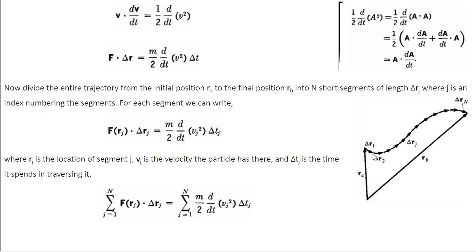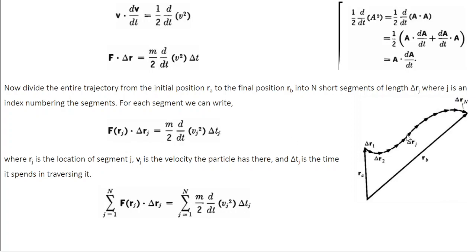Now what we are going to do is divide this trajectory into n small segments, each segment having a length delta r. If you look at segment j, it has a length delta rj, and the position vector of this segment is rj, and let's assume that the velocity of the particle at this position is vj, and the time taken for the particle to cross the jth segment is delta tj. So basically we are adding a subscript of j here.